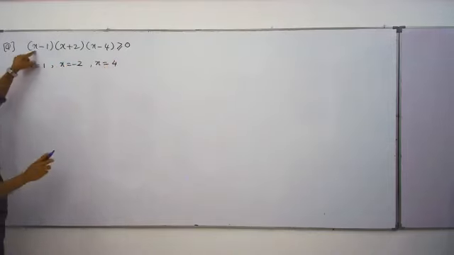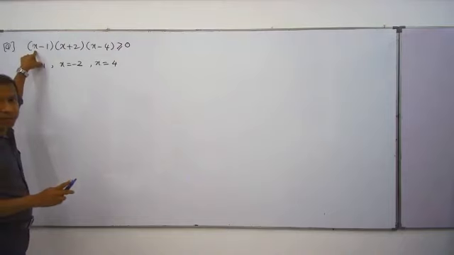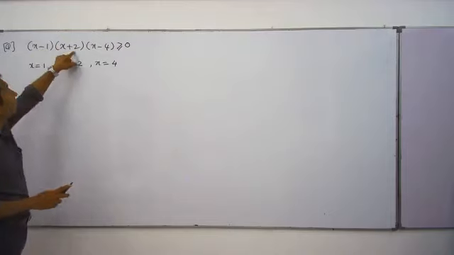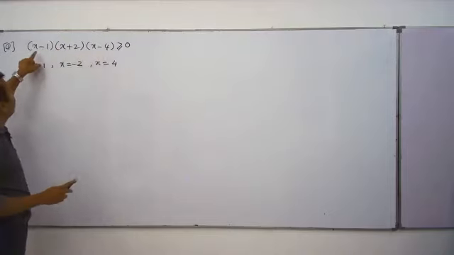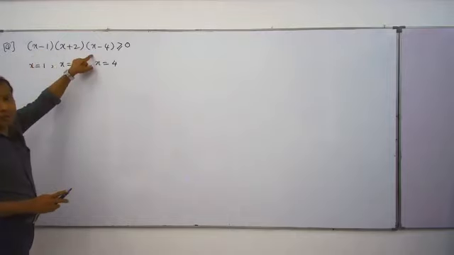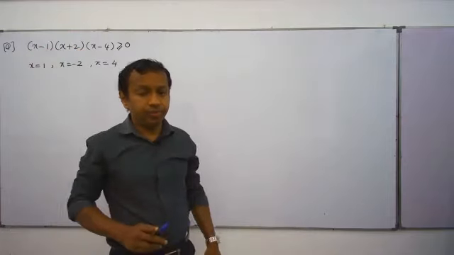If the coefficient of x is positive 1 in each bracket, the x values which we get by equating each factor to 0 can easily be obtained by changing the sign of the number to the opposite. Otherwise, we have to equate each bracket to 0 and find the x value. Those x values only we have to mark.